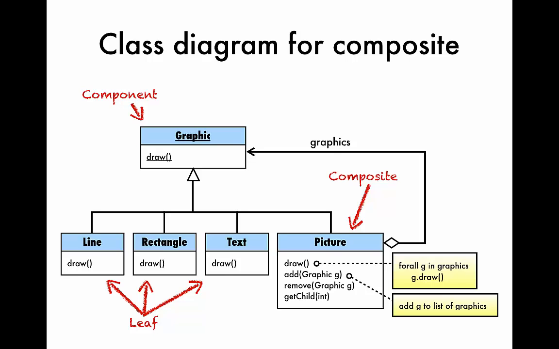Before we leave the composite pattern, we should point out what some people think is a serious problem with the composite pattern. We just talked about the single responsibility principle. Well, the composite pattern violates this principle.